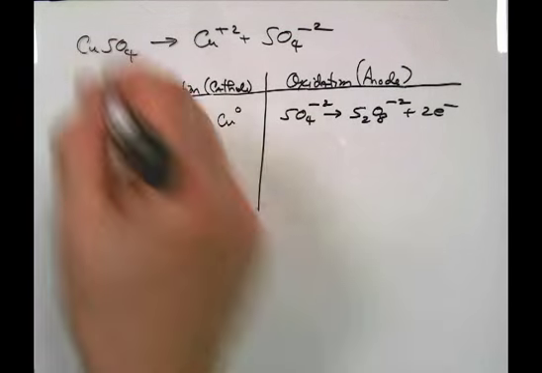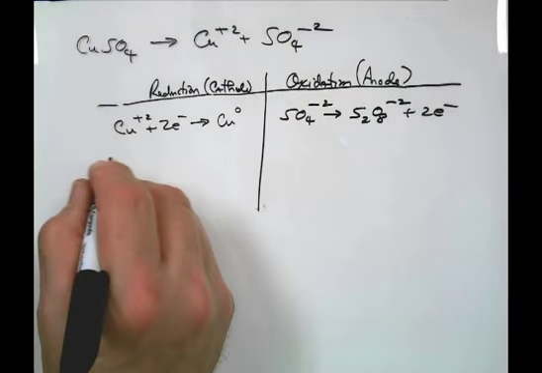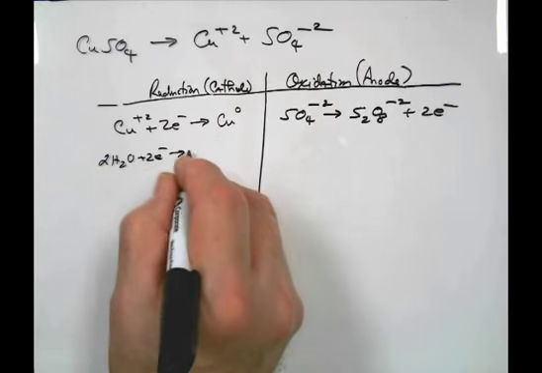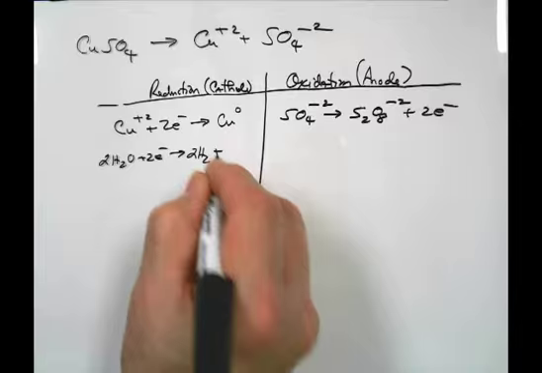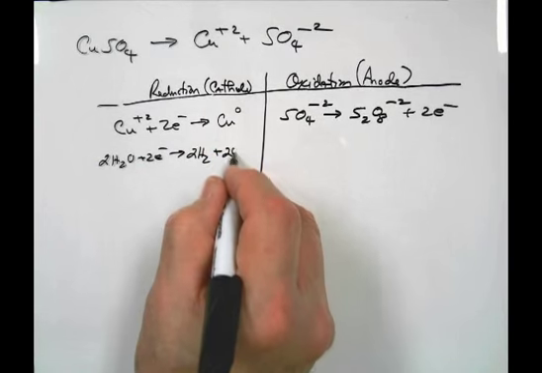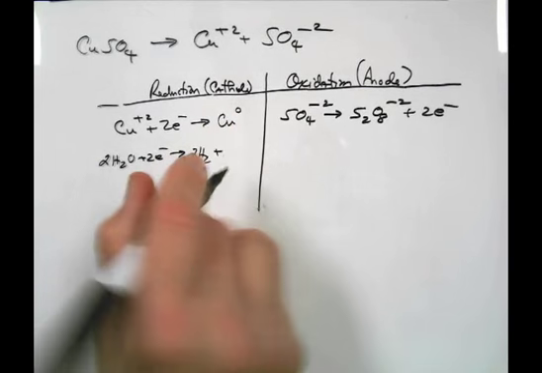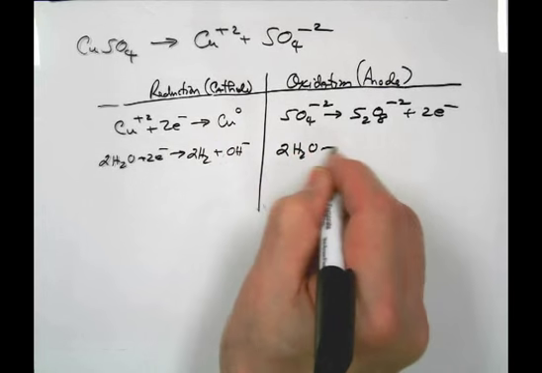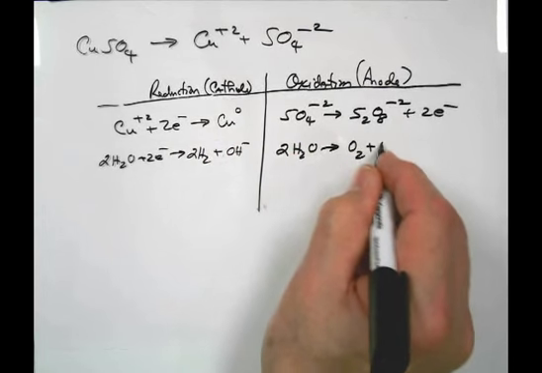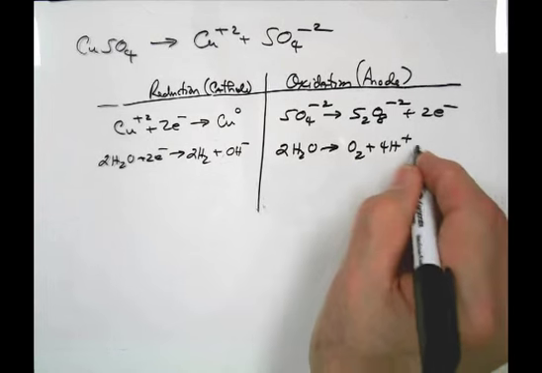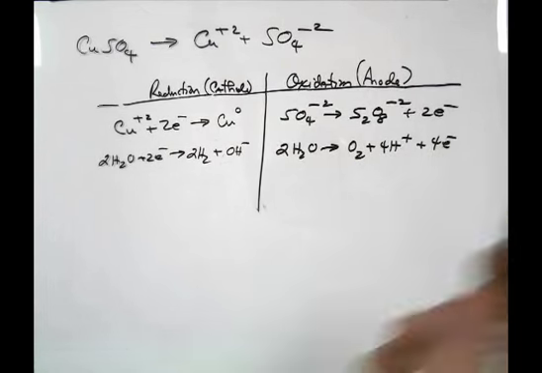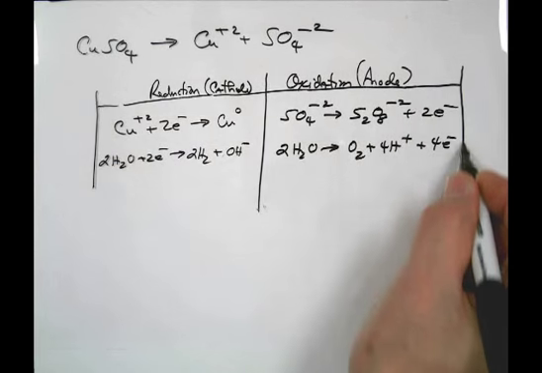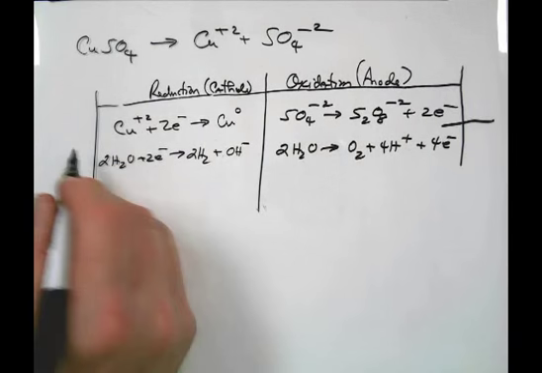Then, of course, the water reduction is still the same. H2O plus 2 electrons goes to H2 gas plus hydroxide. Oxidation is 2H2O goes to O2 plus 4H plus plus 4 electrons. Then you put in your reduction potentials.